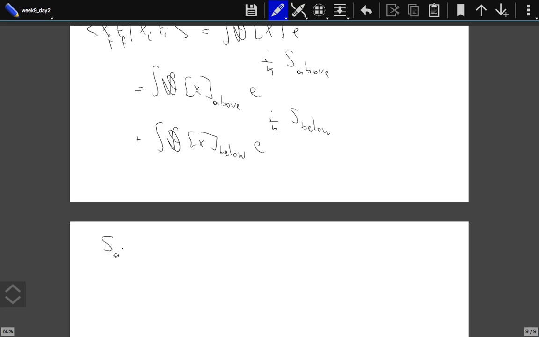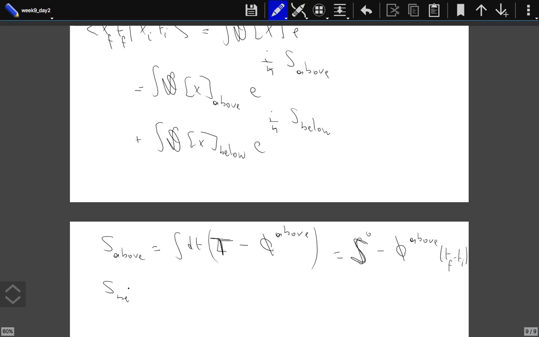But you see, S above is nothing but, assuming there is no other potential in the system, the integral of dt, so this is S0 minus phi above times T final minus T initial. And then S below is basically the same thing, S0 minus phi below times T final minus T initial.